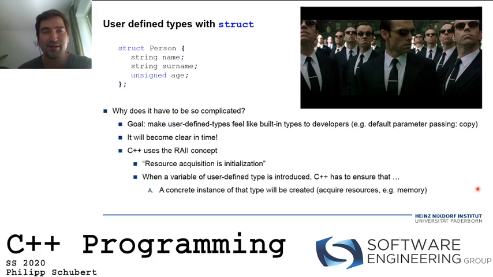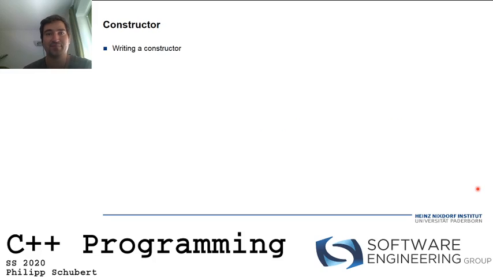It will organize memory to store the data required to hold the information of the type, and it also will correctly initialize it. And that's why we need all that madness, really. So let's go through all of these special member functions.